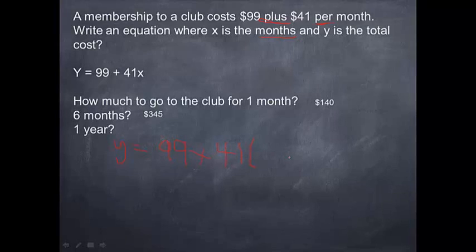How many months are in a year? Awesome, 12 months. So what is our answer? $591 for our total cost. Awesome job, guys. Alright, how about for 0 months? Great, $99 because 41 times 0 months is 0.